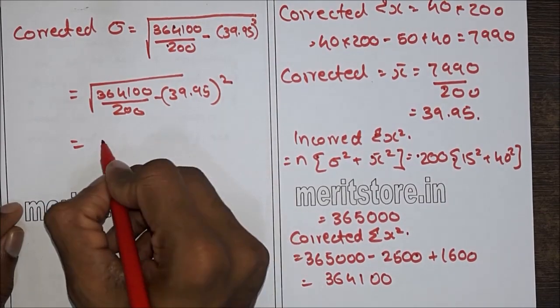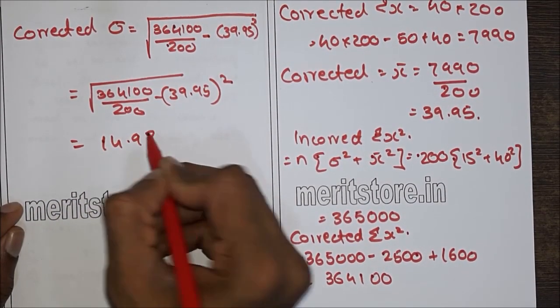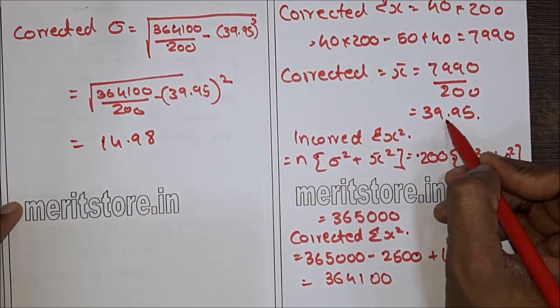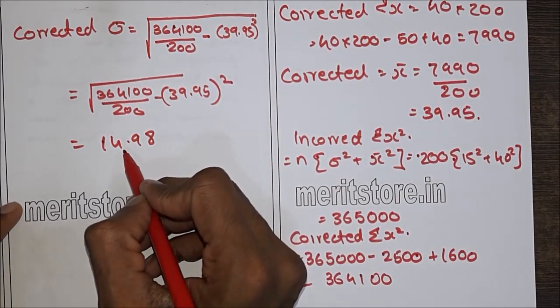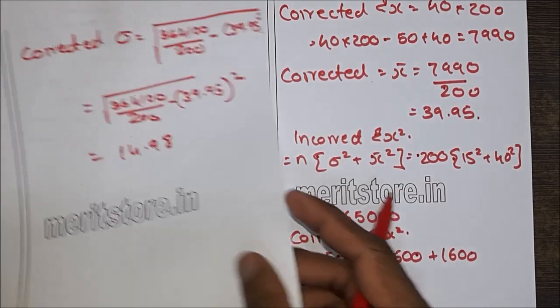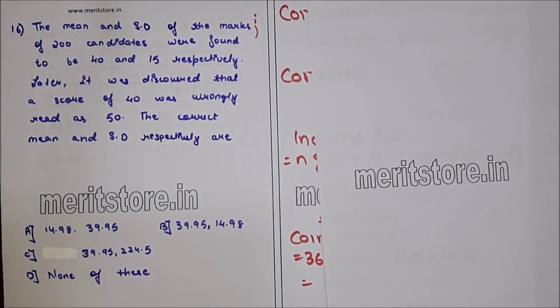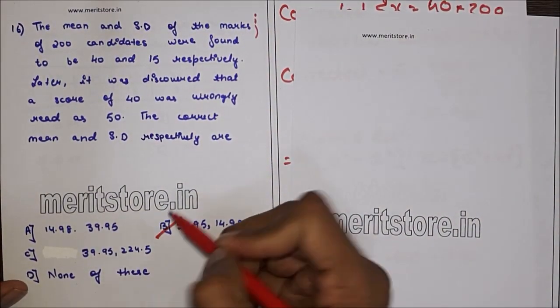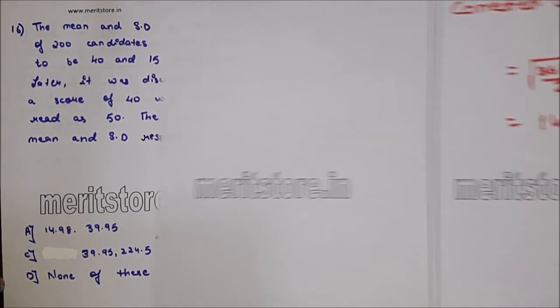For solving this we get 14.98. So we get the corrected mean as 39.95 and the corrected standard deviation as 14.98, which matches option B. Therefore B is the correct answer.